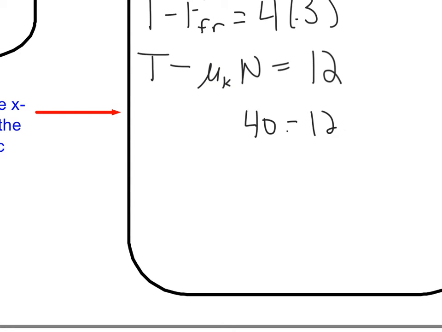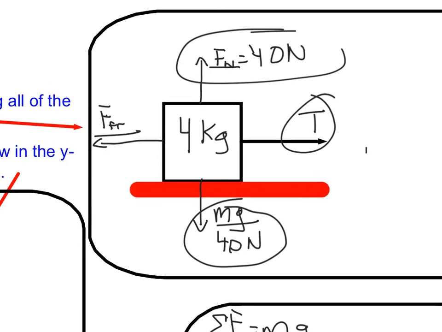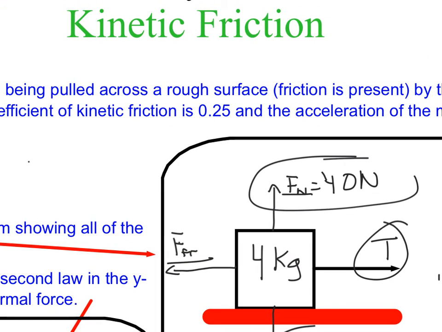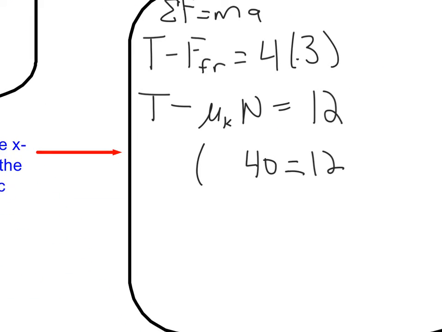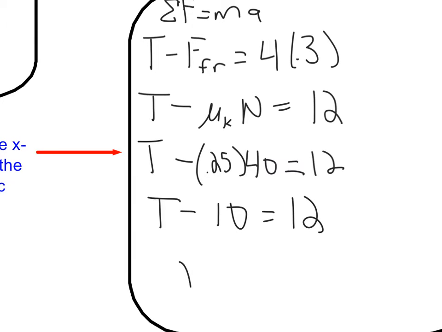And my coefficient of kinetic friction, it says, was 0.25. So I can substitute that in as well. 0.25 times 40. So now we've got an equation we can work with. There's only one variable. It's the one we're looking for. So that helps out. T minus 10 equals 12. So T equals 22 newtons.